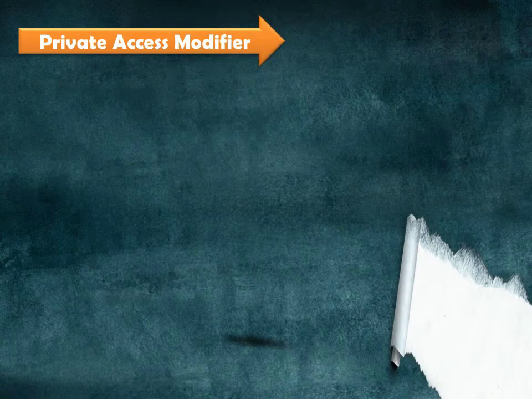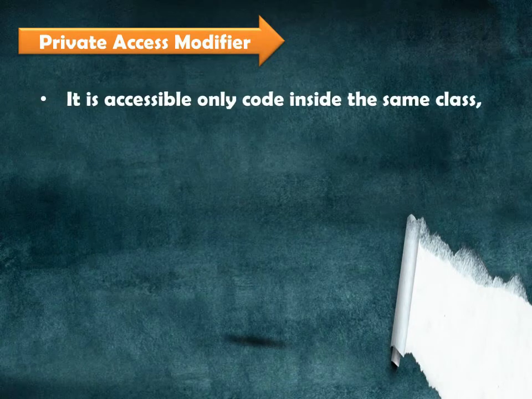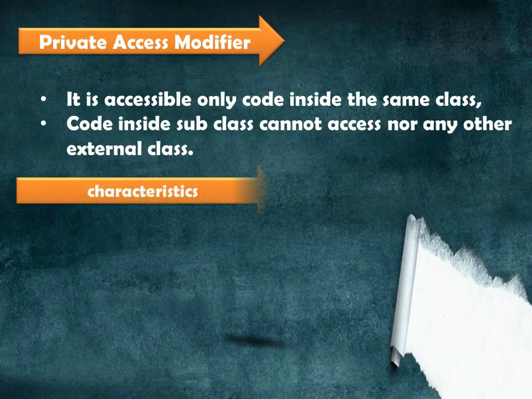Okay. So next we'll move on to the private access modifier. If a method or variable is marked as private, then only code inside the same class can access the data member or call the method.